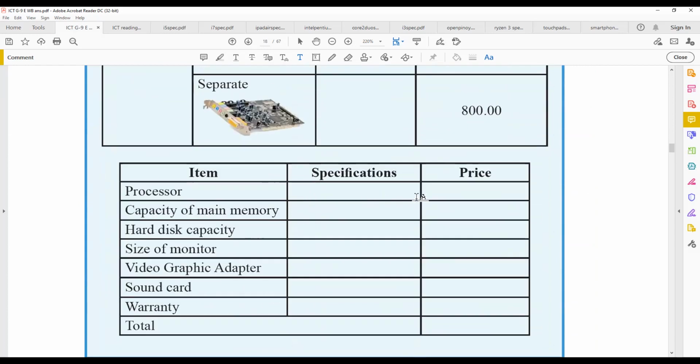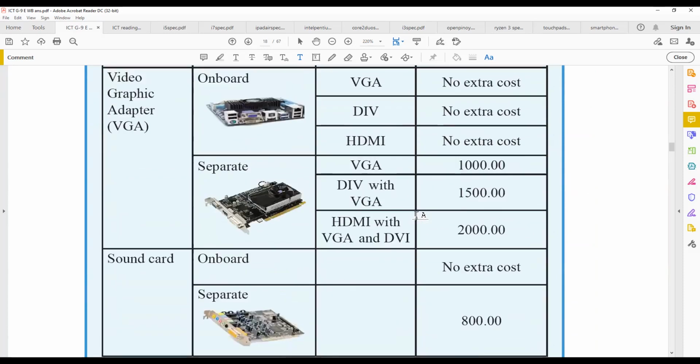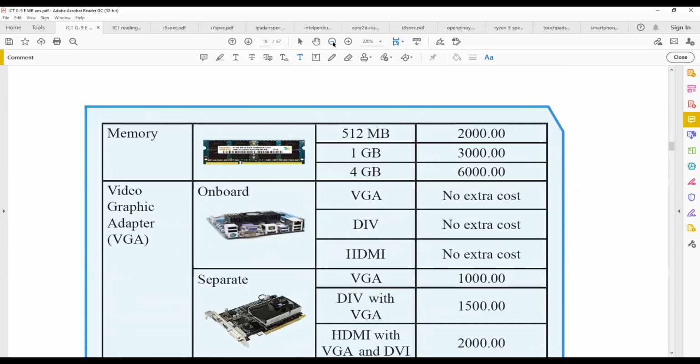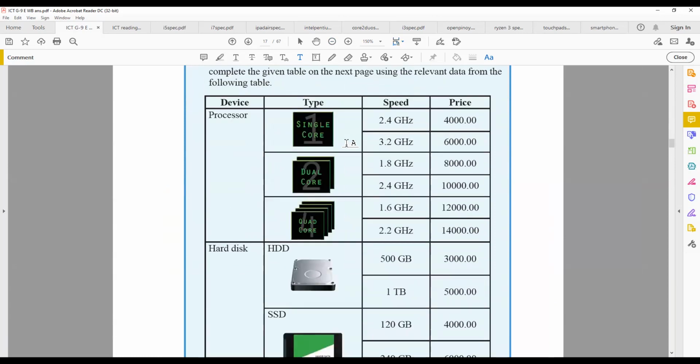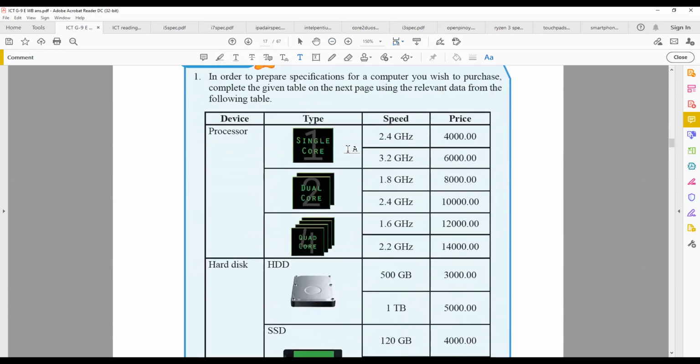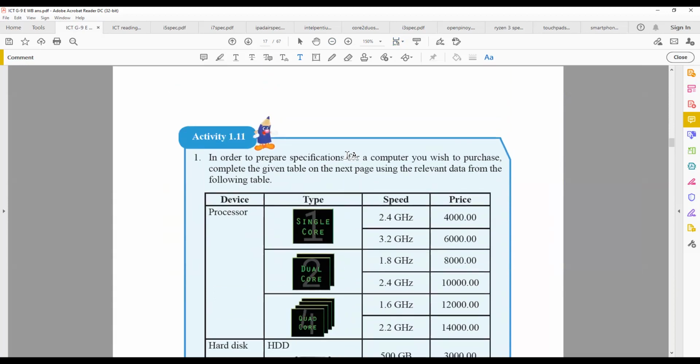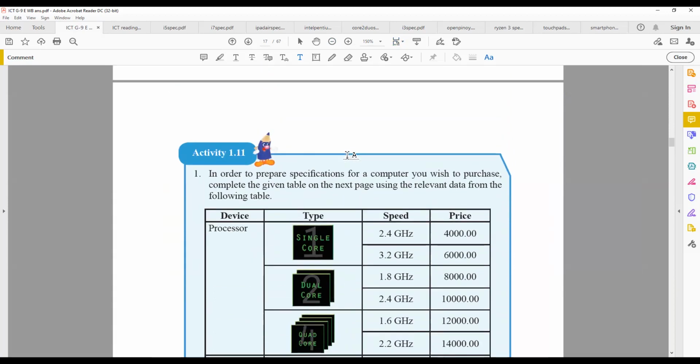Write down here what you need, whatever you need, processor, and the price. You select one, you don't have to tell me, and write down in your book, right? Take a picture and you need to send it to me through WhatsApp, right? So this is the only thing you have to focus on.